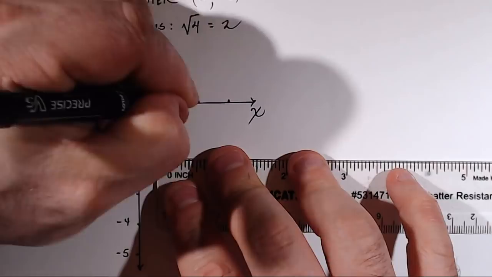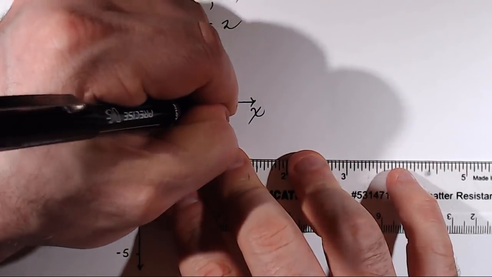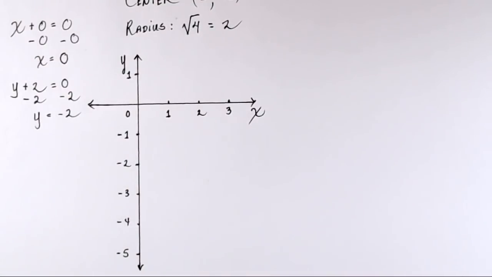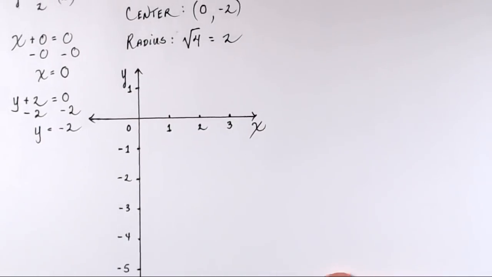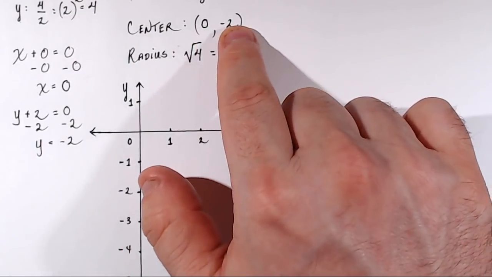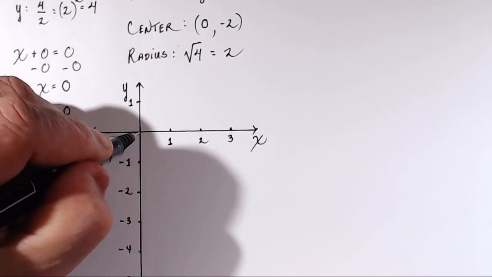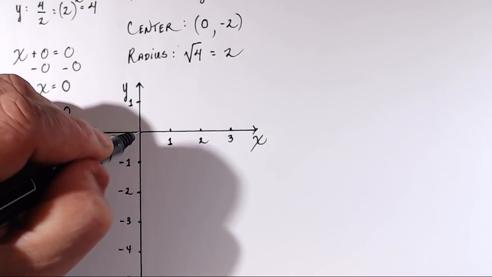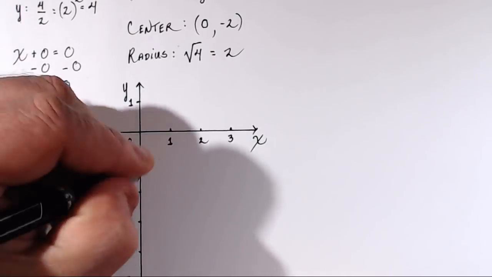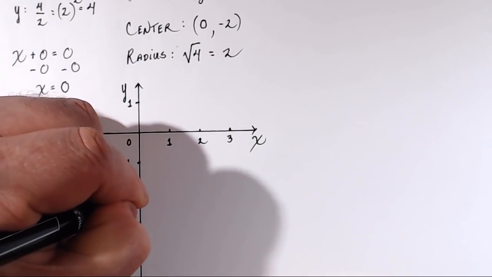This is 1, 2, 3. So where does our center live? Our center lives at 0, negative 2. So I go to the origin point, and I don't move anywhere because I'm at my x-coordinate, which is 0. And now I go down 2. So this is the center of the circle right here.